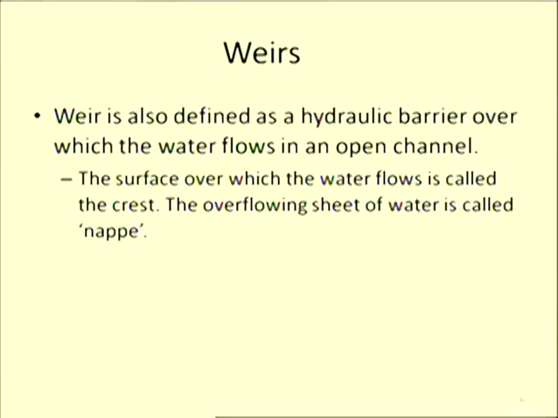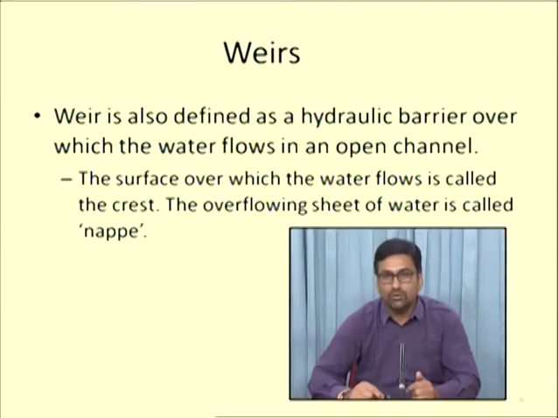This water on the upstream side can be diverted into small channels and taken to some purpose. The other purpose is that it can be abstracted directly through pumping for other purposes. A weir is also defined as a hydraulic barrier over which water flows in an open channel.